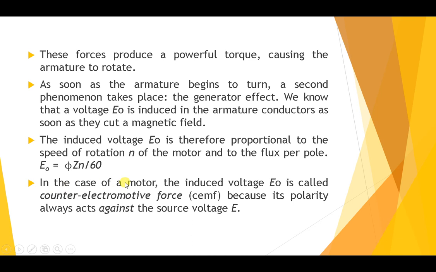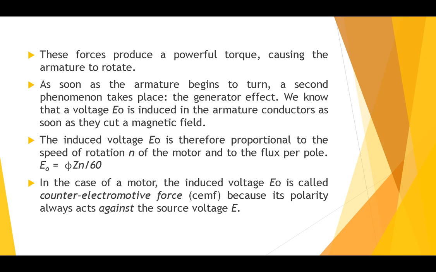In the case of a motor, the induced voltage is called counter-electromotive force because its polarity always acts against the source voltage E or the supply voltage E. So I am going to summarize it for you. We have a motor in which there are permanent magnets and we supply the armature through DC power.